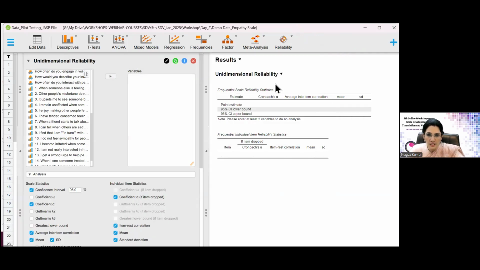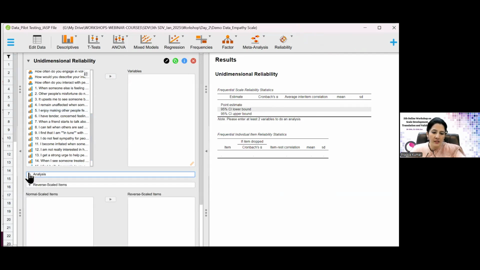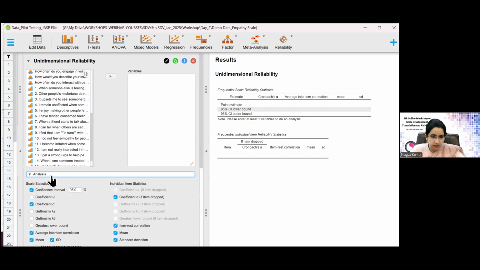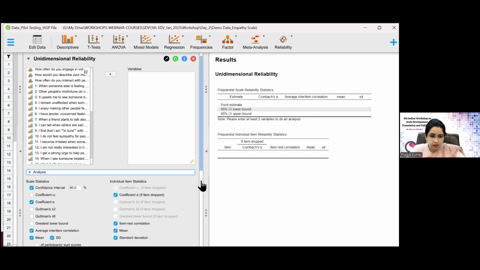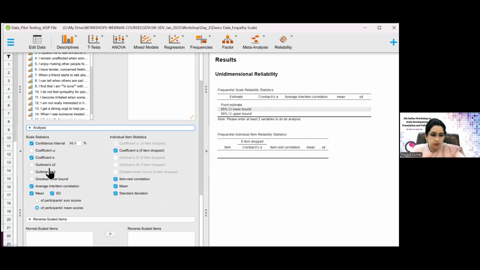So now, right now I'm considering that this is a single dimension scale because I don't know the dimension. So I will enter all the questions in one box. When you open this, this is already clicked, because in analysis you see the confidence interval, the coefficient alpha, and the average inter-item correlation, mean.